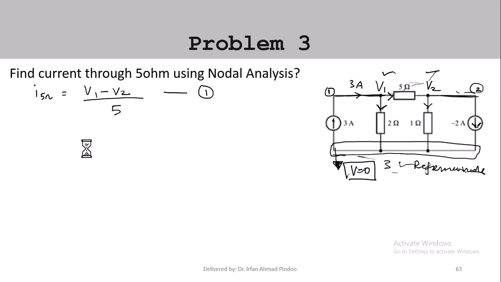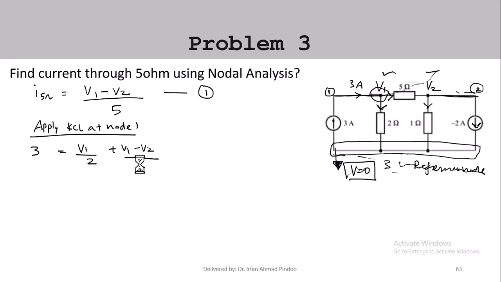Now we will apply KCL at node 1. At this particular point, the 3 ampere entering current is equal to one current here, V1 by 2, and the other current, (V1 minus V2) by 5.